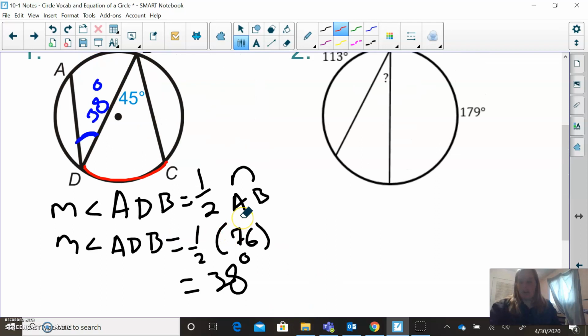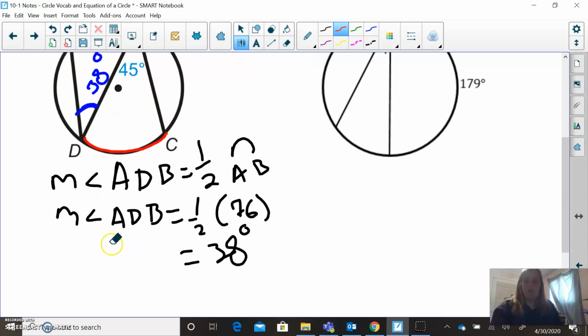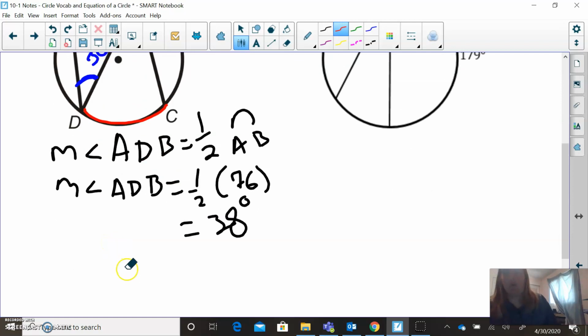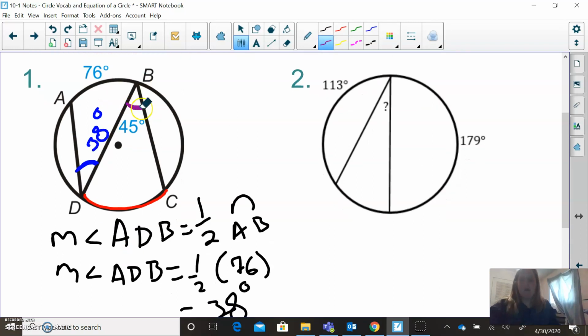And so we can use the same formula and fill in our information. Same formula, we're just going to change what angle we're working with. We're not working with angle ADB now, we're working with angle DBC, which I'll mark at 45 degrees in purple.